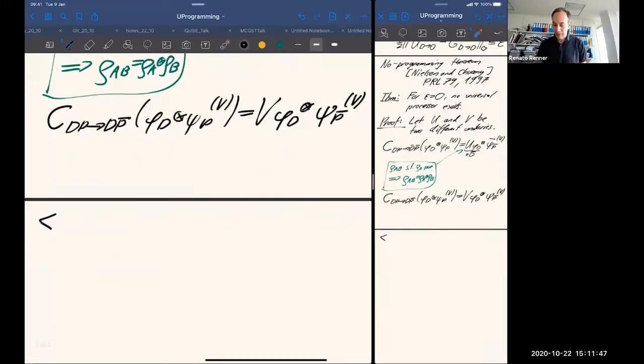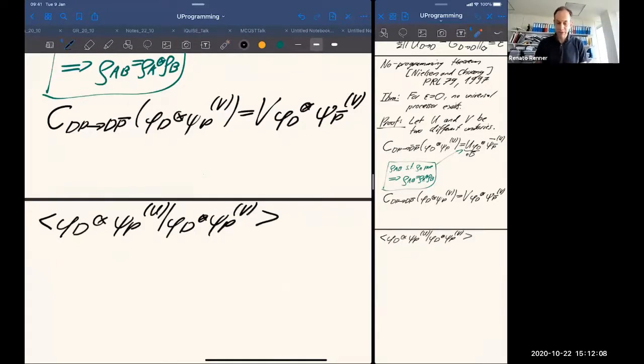So let me write it down, and then if it's unclear, you may still, of course, ask questions. So I just take the scalar product of the input to C between the two possible inputs corresponding to the two possible unitaries. So that's this. That's the scalar product between the left-hand side and the scalar product between the right-hand side.